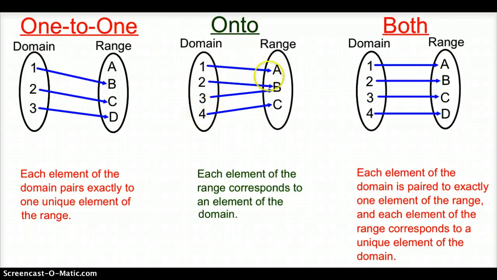They all take up one of the range. And both: each element of the domain is paired to exactly one element of the range, so exactly one here, here, here, and there. And each element of the range corresponds to a unique element of the domain. Just know that all your ranges are used up.